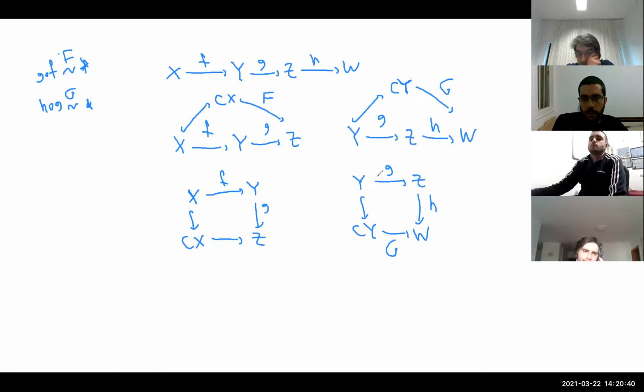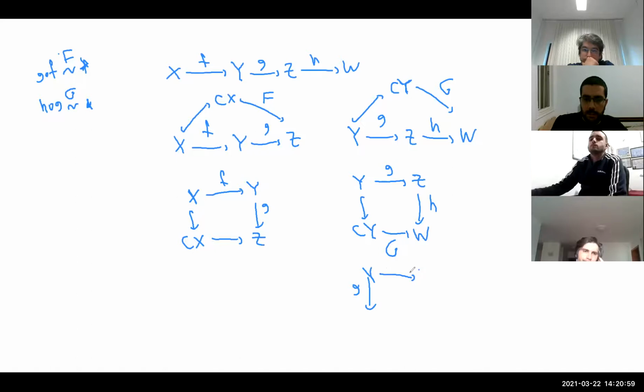But I want to change it so they match, so I want to rotate. It's not exactly a rotation; I don't know what it's called in English, but I change how it looks.